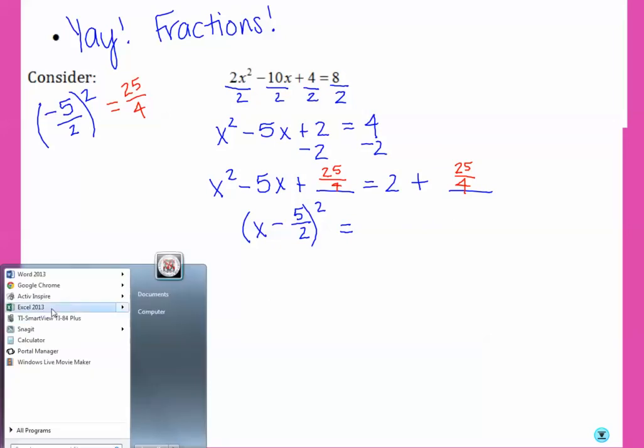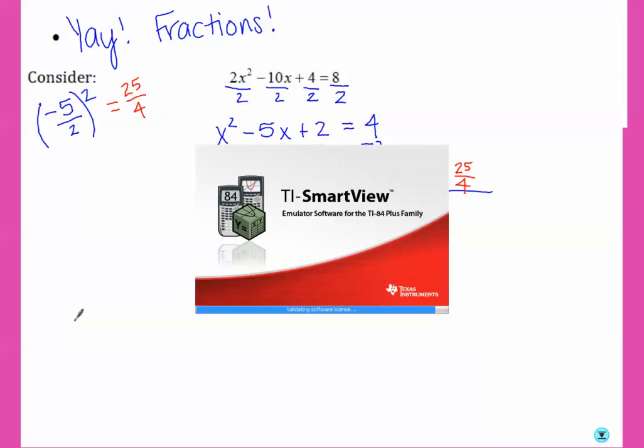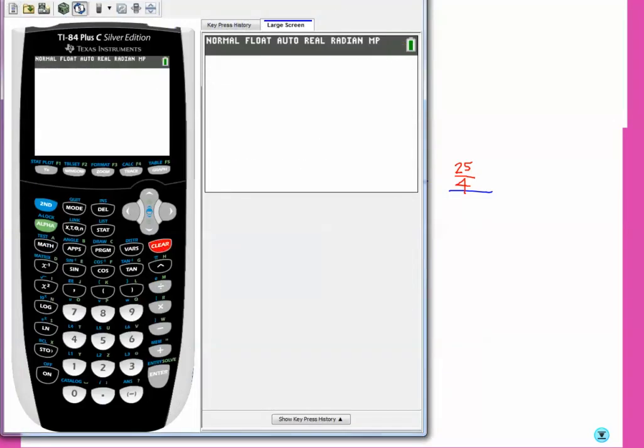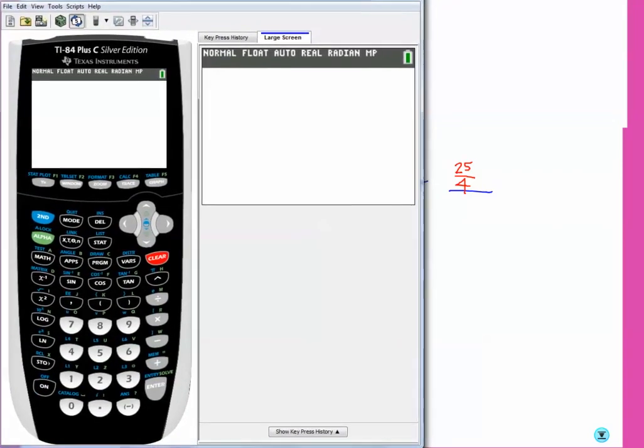Your fractions you can add on your calculator. Let me pull mine up to show you. So we have 2 plus 25 over 4.